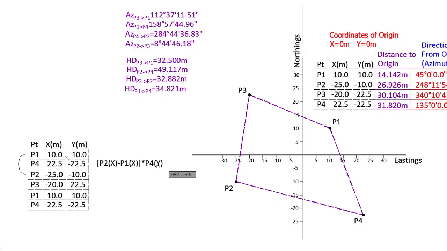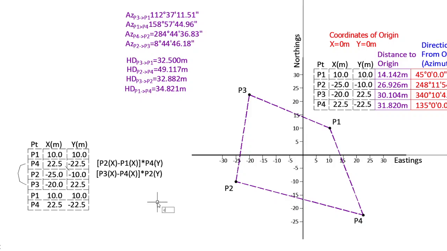Now we have to keep going here and repeat the same methodology. In this case, we are going to work with the following. We take these coordinates there. The following one is going to be the x coordinate of P3 minus the x coordinate of P4, and that result is going to be multiplied by the y coordinate of P2.